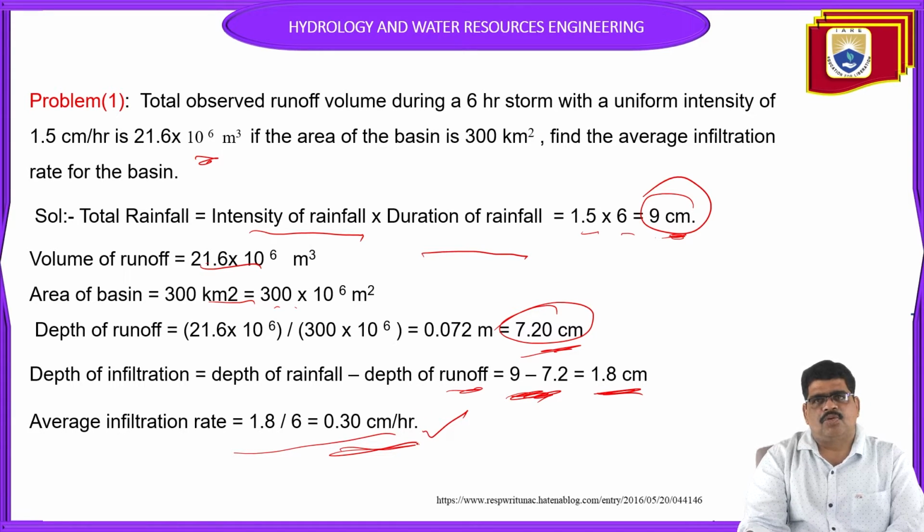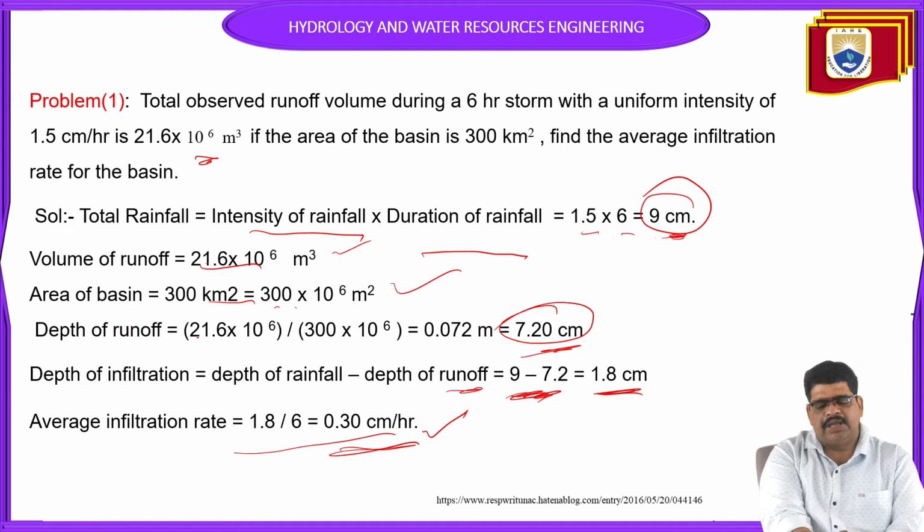So this is the problem. What we have done: total rainfall is equal to intensity of the rainfall into duration, the volume is given, the area is given, and the depth we have to find. Depth of infiltration is equal to depth of the rainfall minus depth of the runoff, that is 9 minus 7.2, which is 1.8 centimeters.